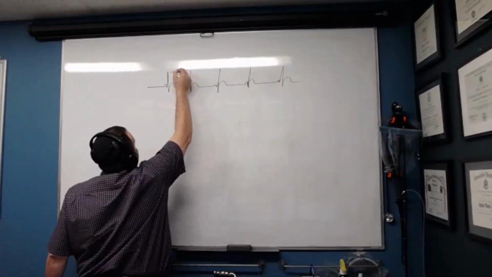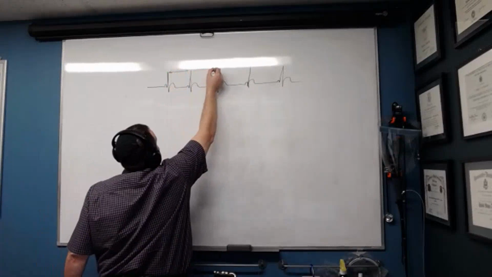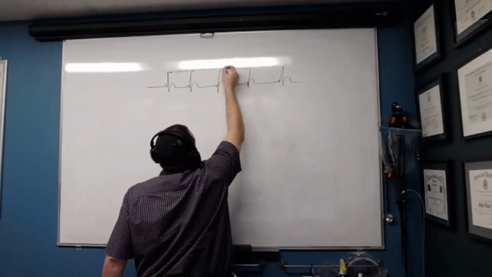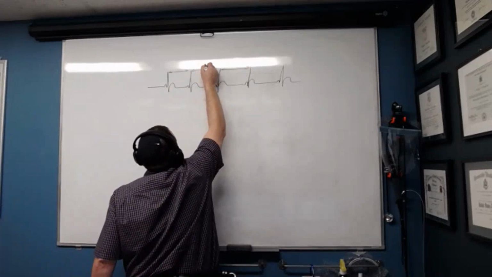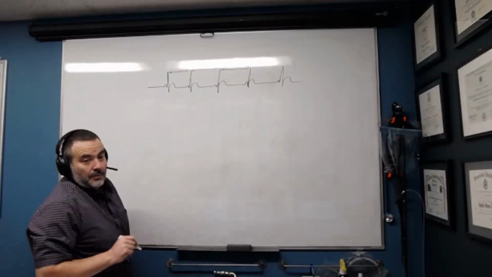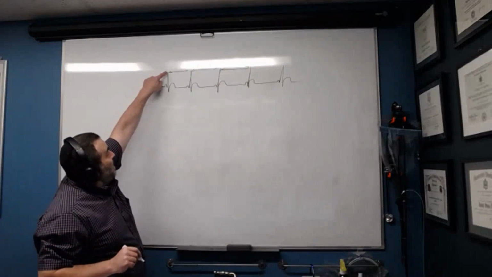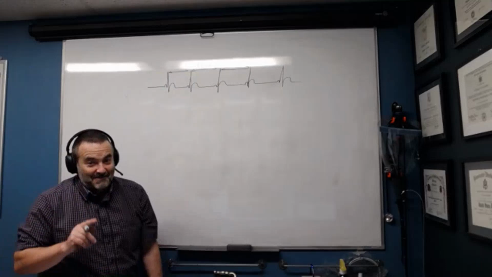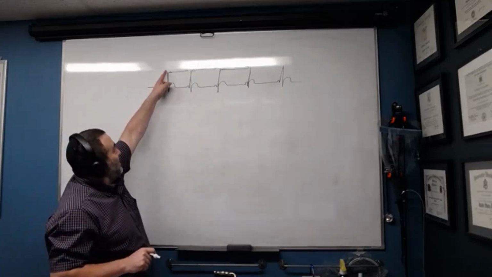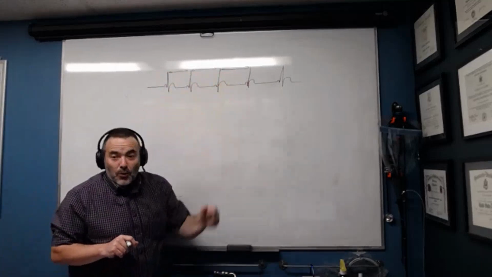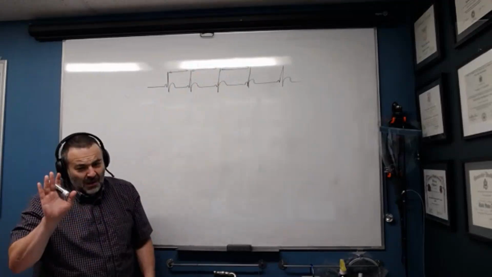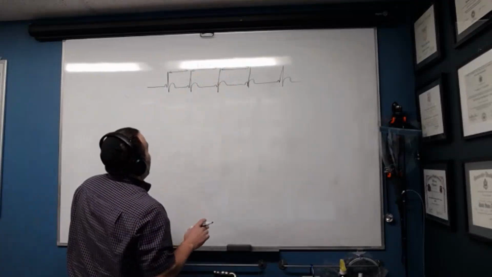That means the distances between the booms are always the same distance. And by the way, the distance from here to here is time. And by the way, peak to peak to peak, that is actually your pulse rate. These booms, booms, booms, that's what you're actually measuring when you're taking a person's pulse. But not about that right now.